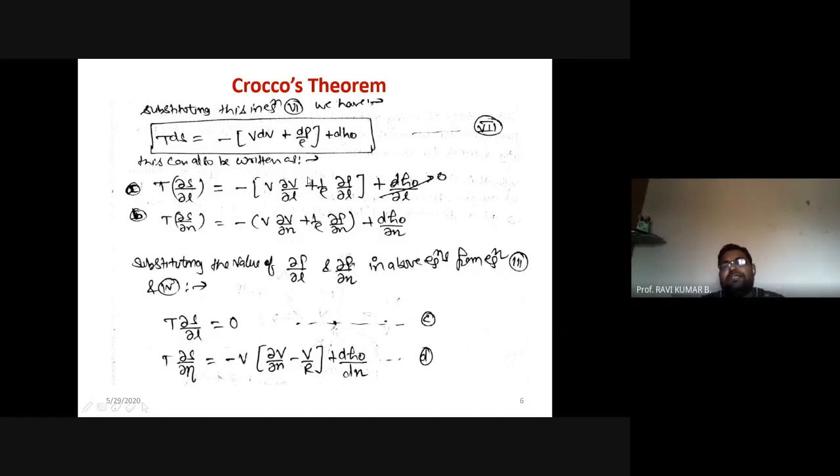Now I have to relate this TdS equation along the flow direction and perpendicular to the flow direction. Along the flow direction, I can write the change in entropy as T ∂S/∂L.